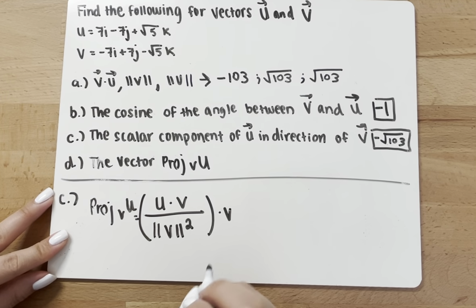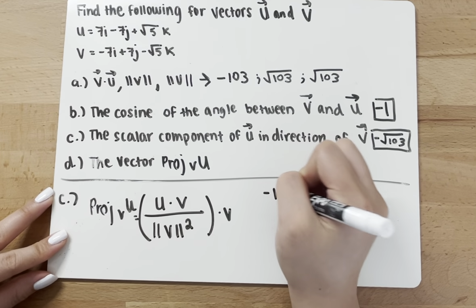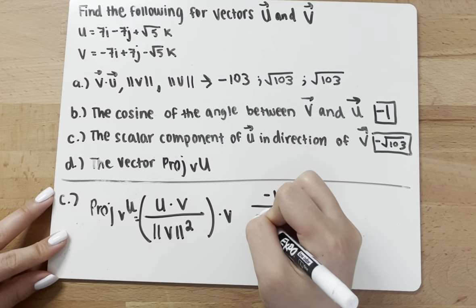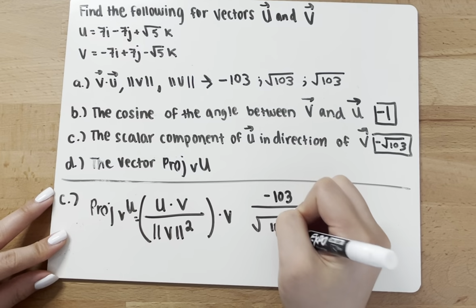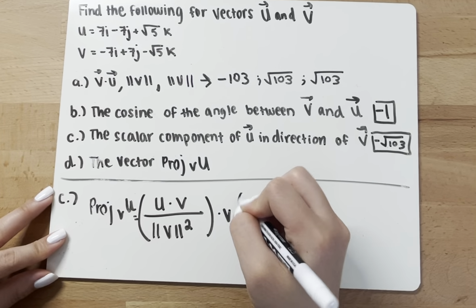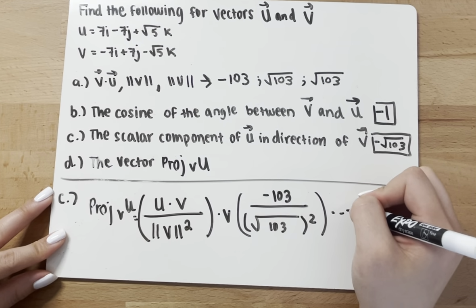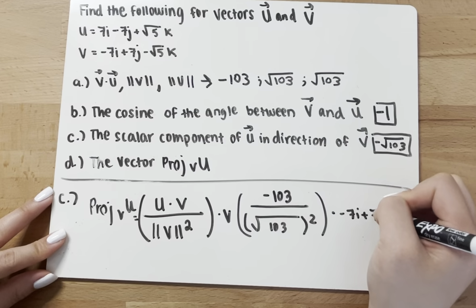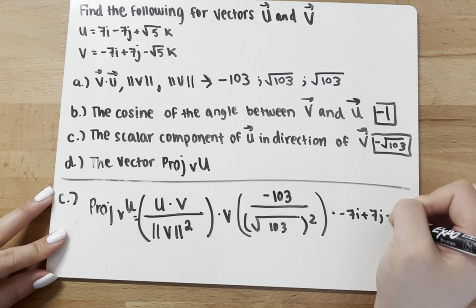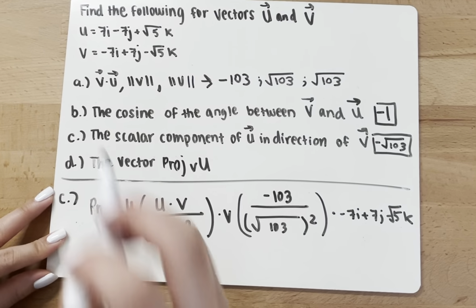Okay? So you know that u dot v or v dot u is negative 103 over the magnitude of v, which is √103, that squared. Okay? And then times negative 7i plus 7j minus 5, square root of 5k, since this is vector v over here.